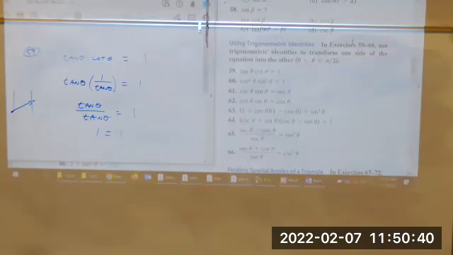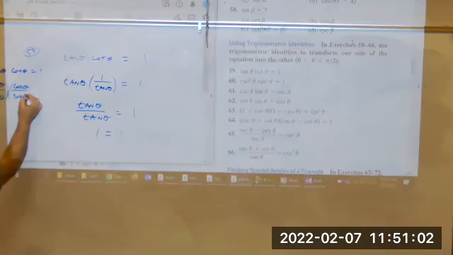But there's lots of ways to cross a street. You also know that tangent theta is sine theta over cosine theta, and one of the other identities says that cotangent theta is cosine theta over sine theta.